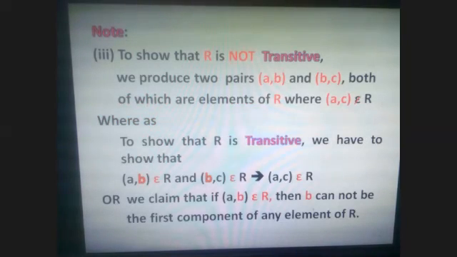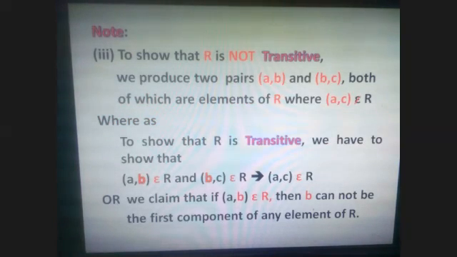To show it is not transitive, we produce two pairs (a, b) and (b, c), both of which are elements of R, where (a, c) is not a member of R. Whereas to show that R is transitive, we have to show that (a, b) a member of R and (b, c) a member of R implies (a, c) a member of R, as we have done earlier.